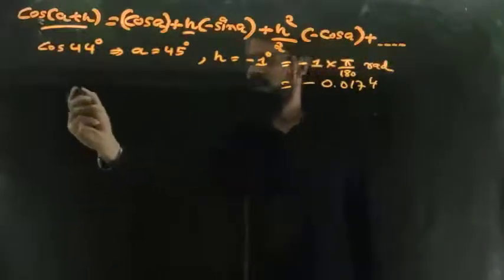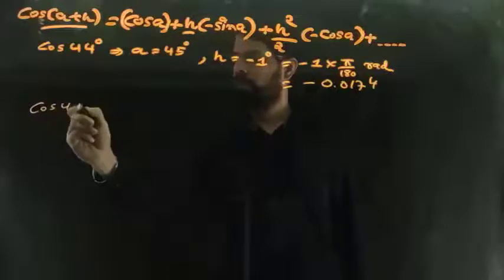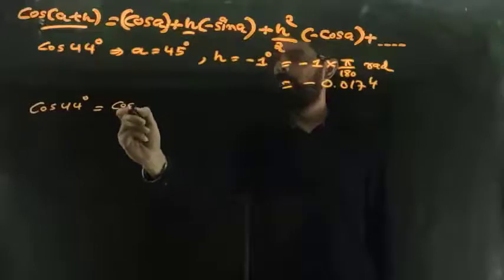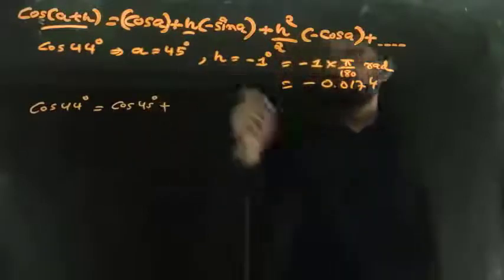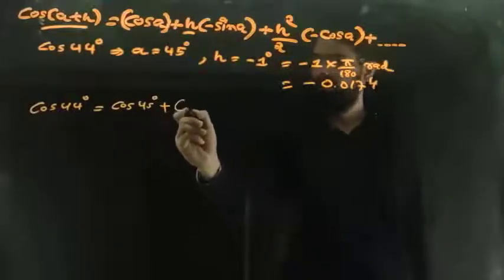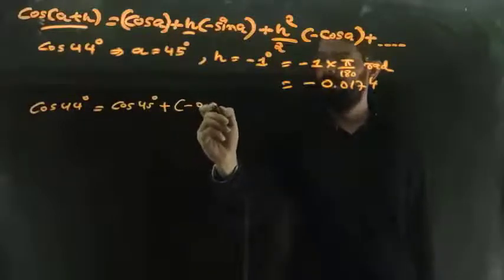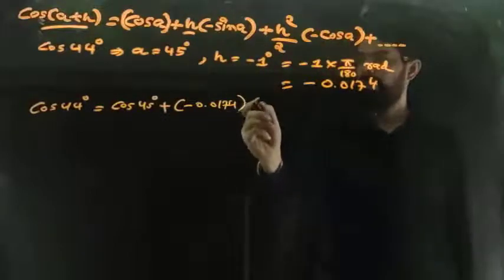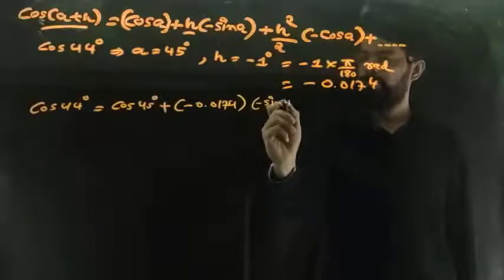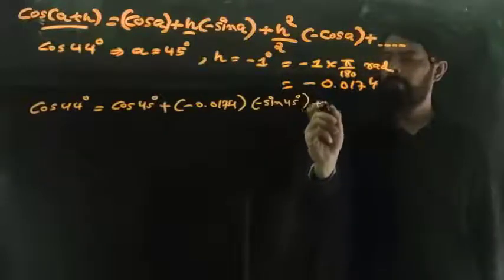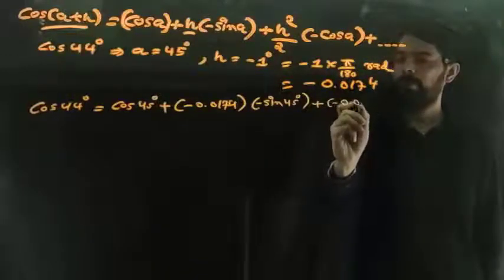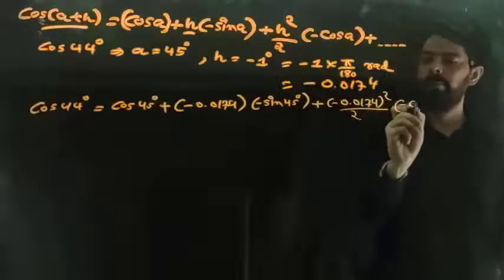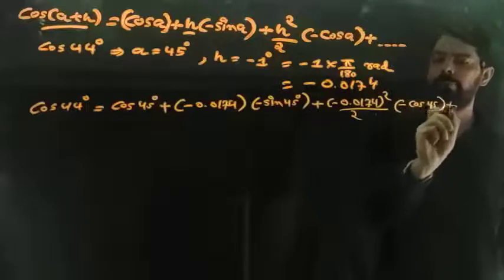Now replacing all these values, cos 44 degrees is equal to cos 45 degrees, and here the value of h is minus 0.0174, minus sin 45 degrees, plus (minus 0.0174) whole square divided by 2 into minus cos 45.